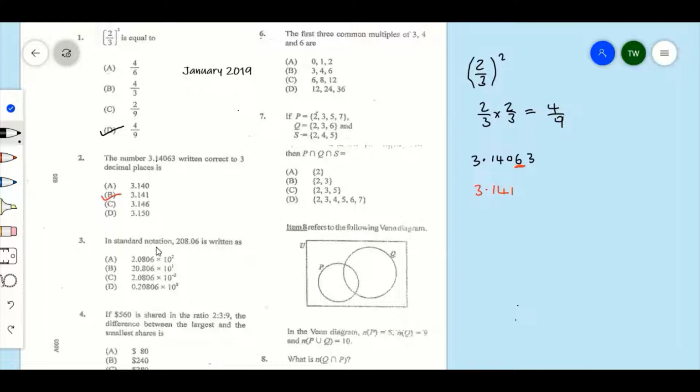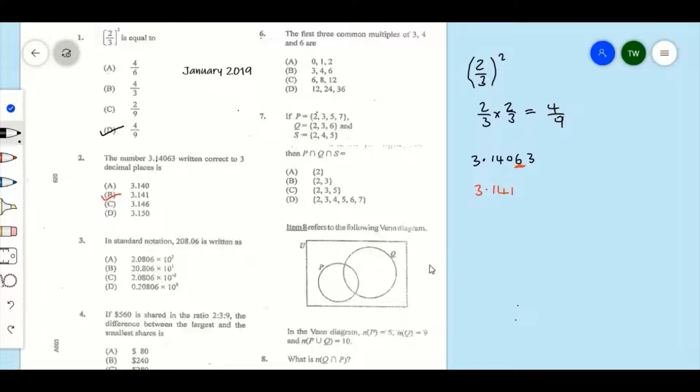In standard notation, 208.06 is written as, now for you to write a number in standard notation, the first digit before the decimal point must be a non-zero digit, and it must fall between 0 and 10.